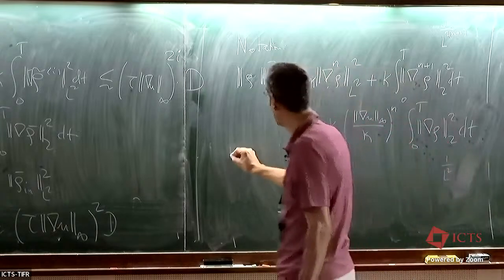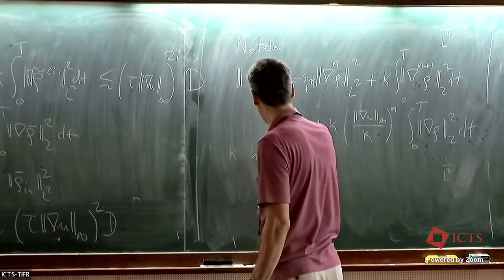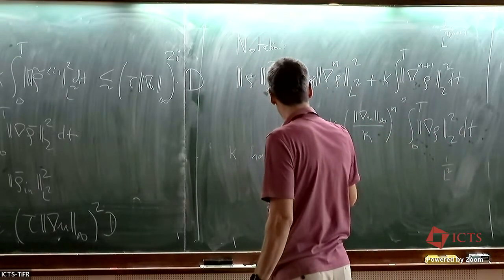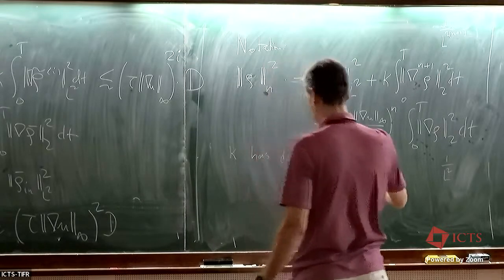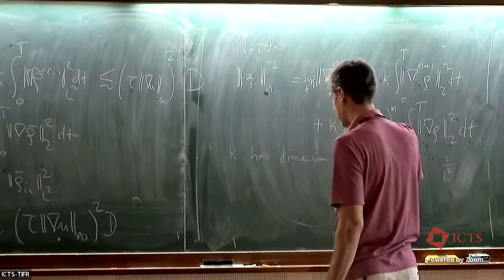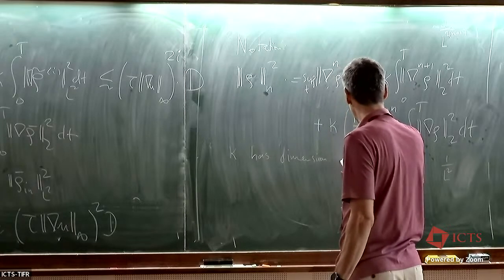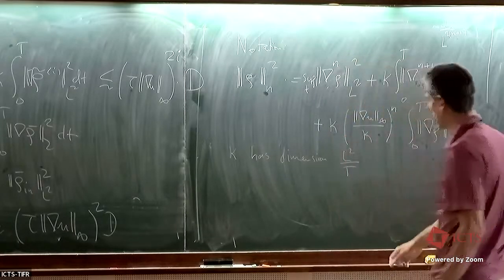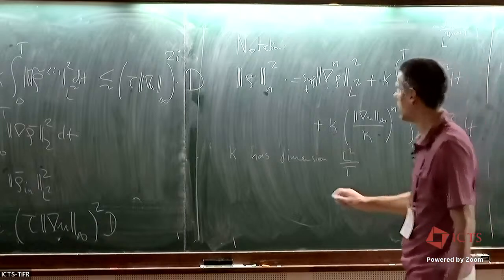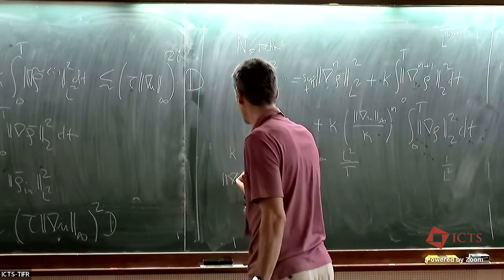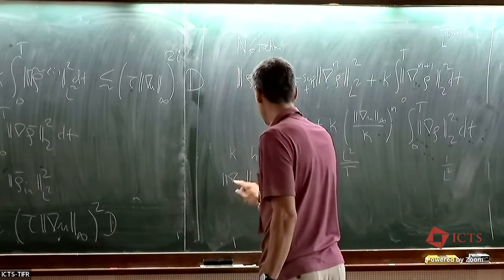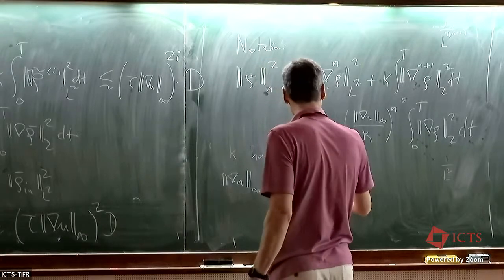Because kappa has dimension, what is it? It's L squared over T, length squared divided by time, and the gradient U in L infinity has dimension 1 over length.